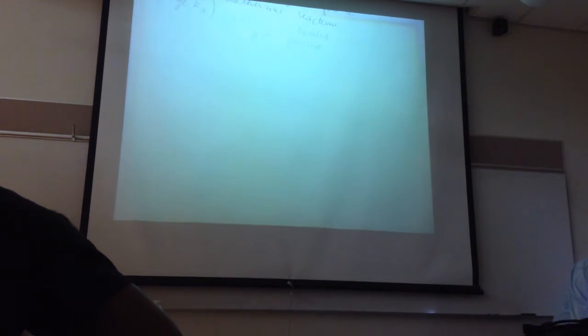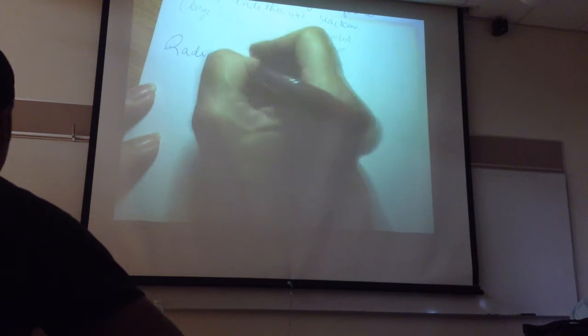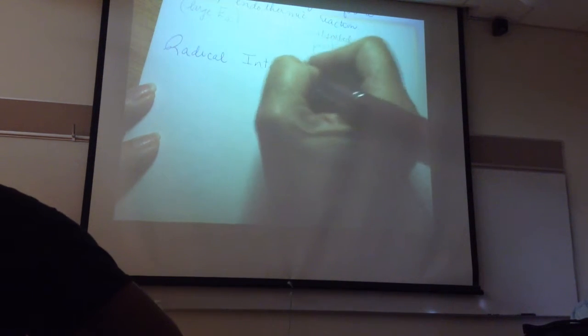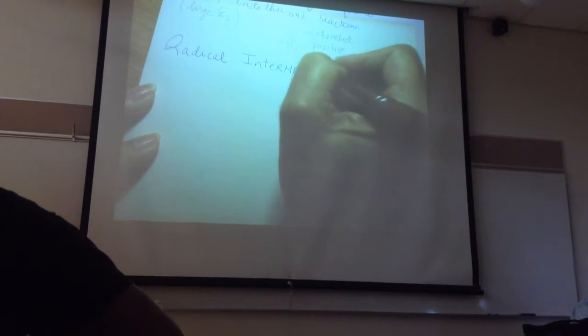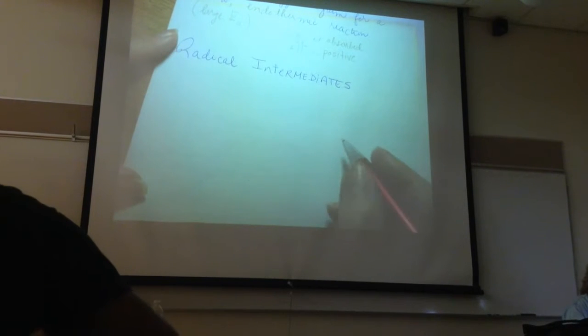Let's take a look at something. I'll sit down and start writing. We have different types of intermediates, so we're looking at radical intermediates. There are really four different types of radical intermediates.